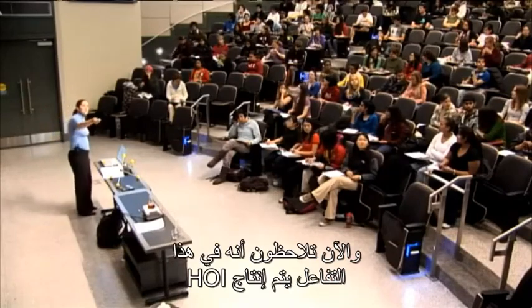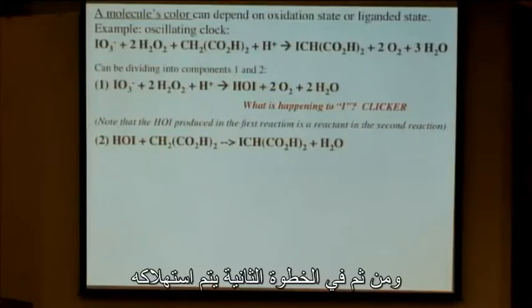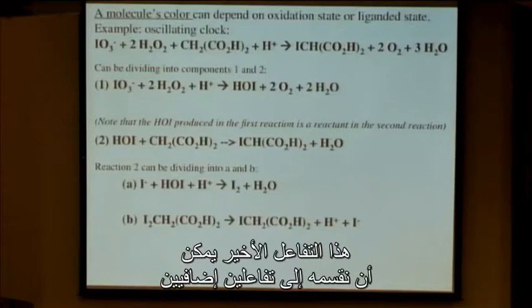Now you notice that in this reaction, HOI is being produced, and then in the second step, it's being consumed. This later reaction can be divided into 2 additional reactions.